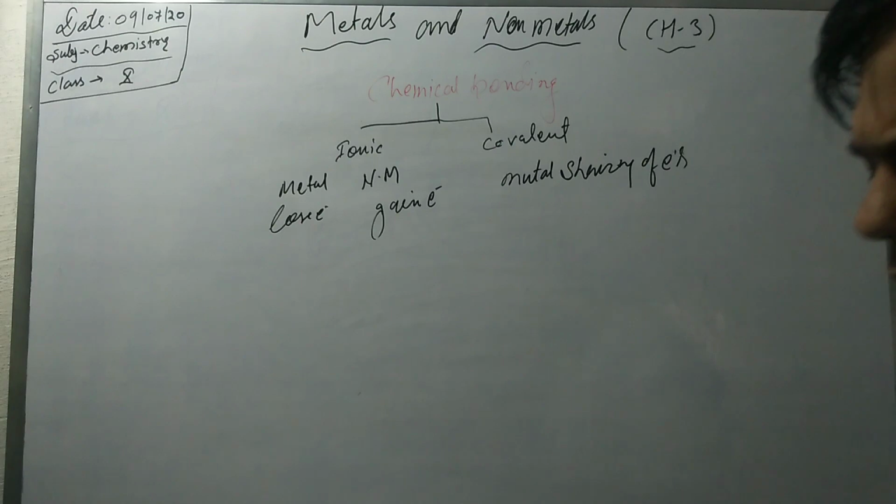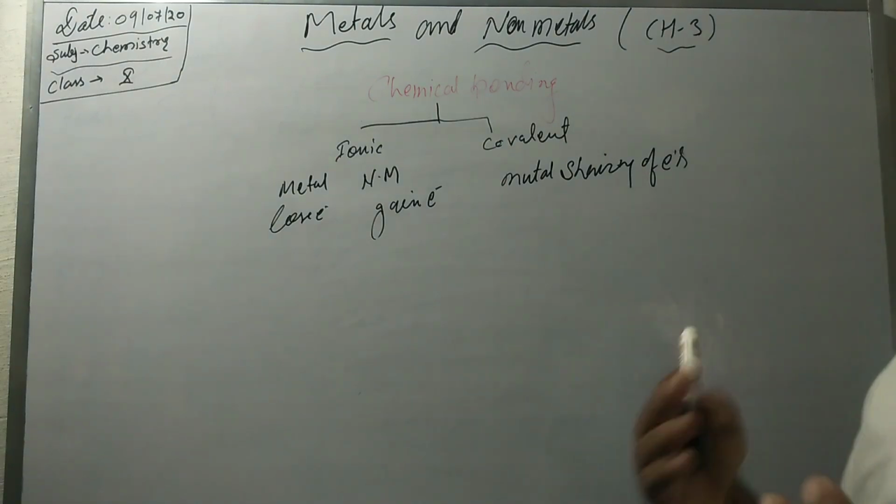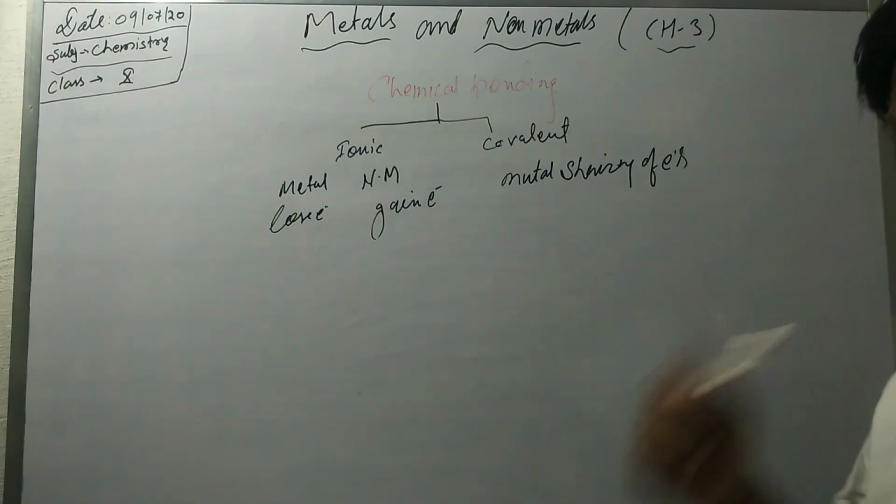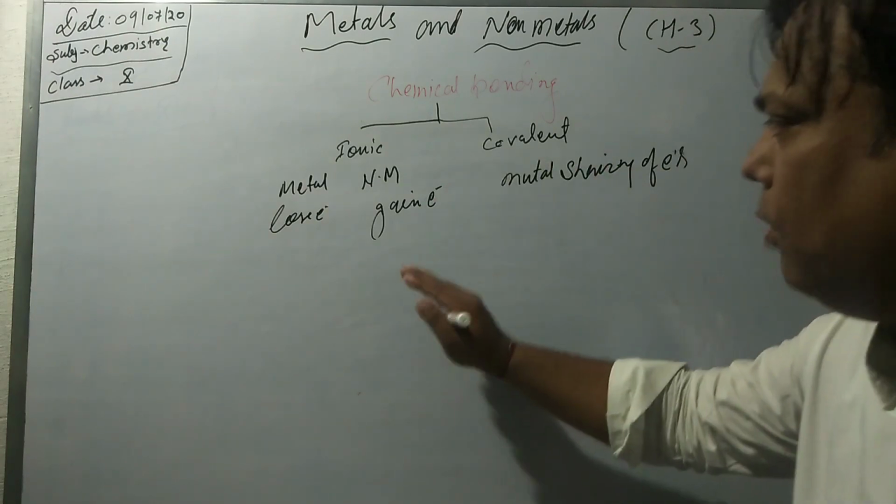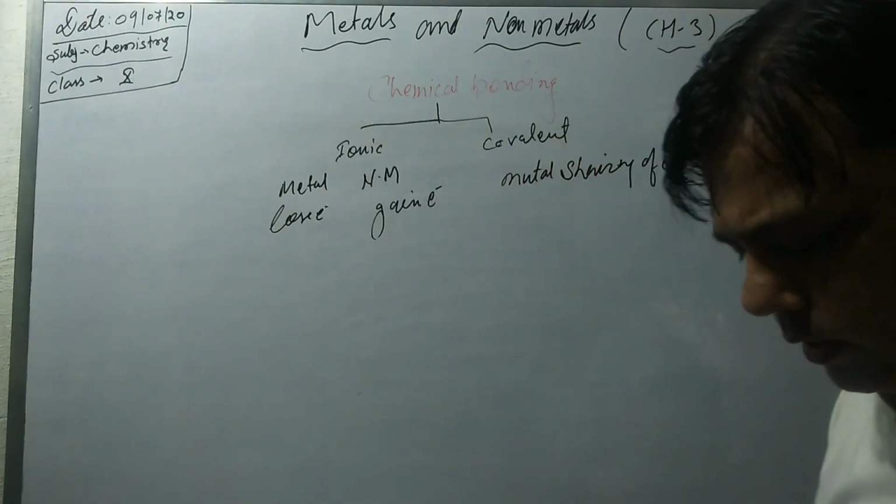Now, how will you judge which elements have an ionic bond and which have a covalent bond?